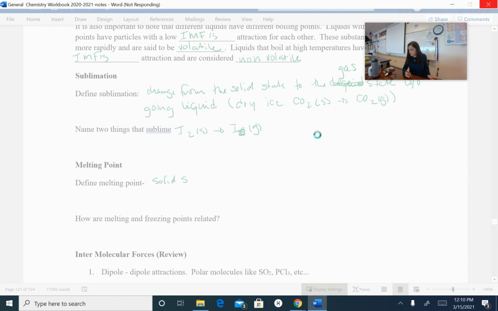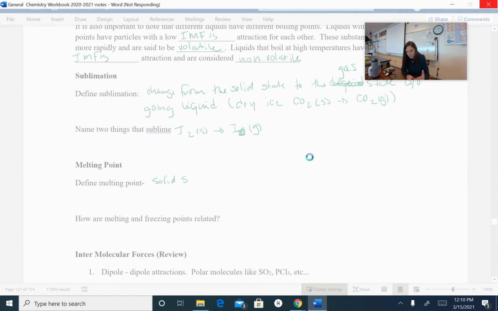Hopefully it won't freeze for too long. So melting point is the solid phase to the liquid phase.